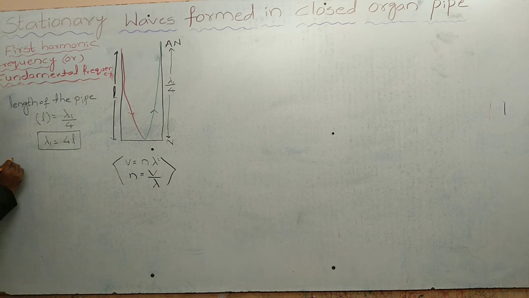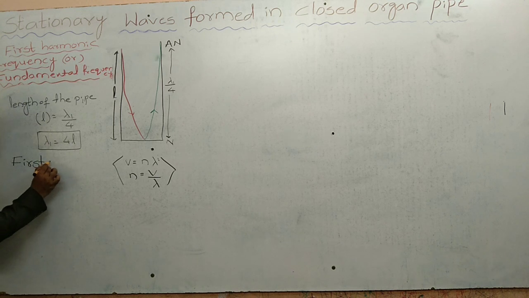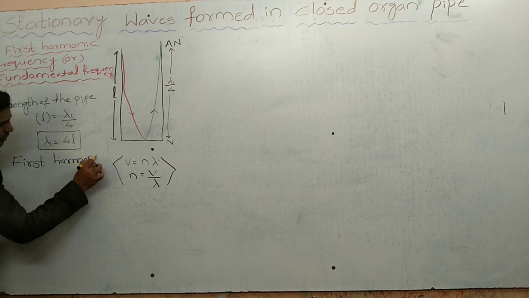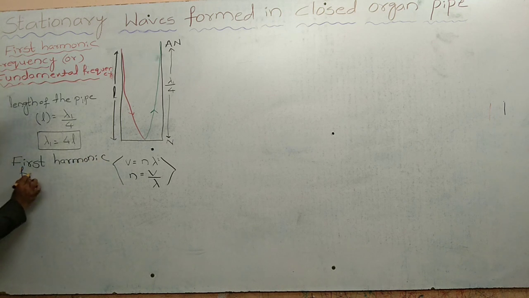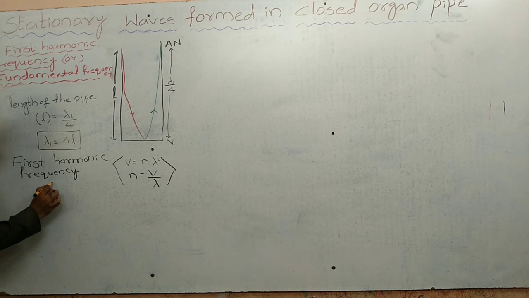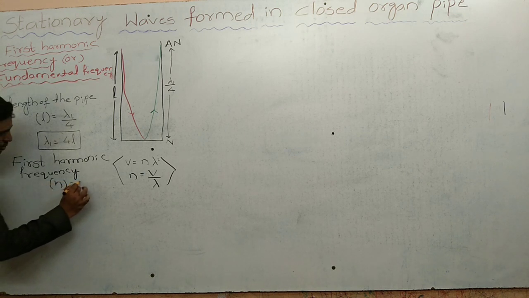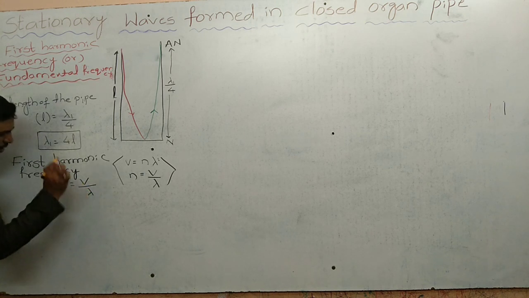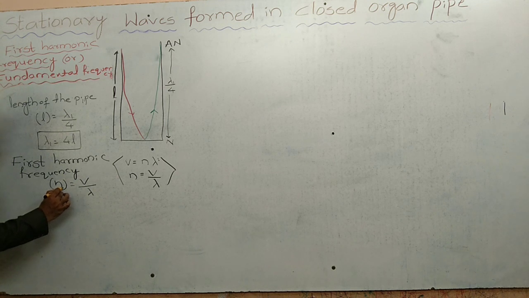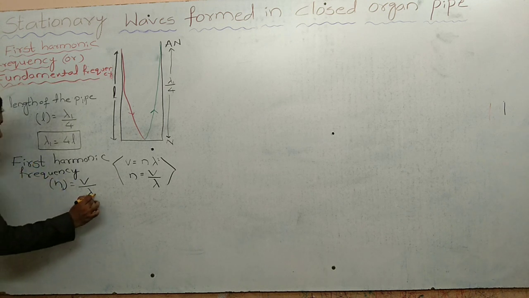So the first harmonic frequency, N equals V by lambda, that's why suffix 1 here also.